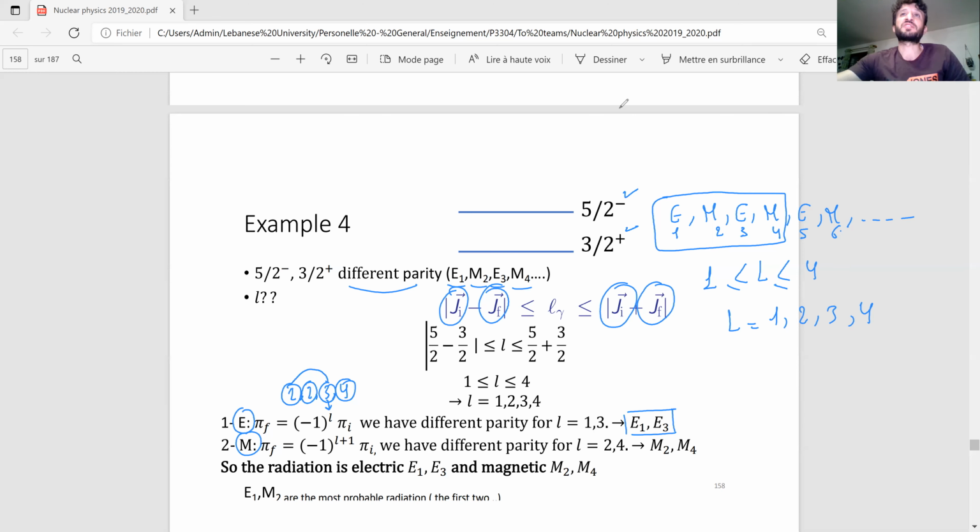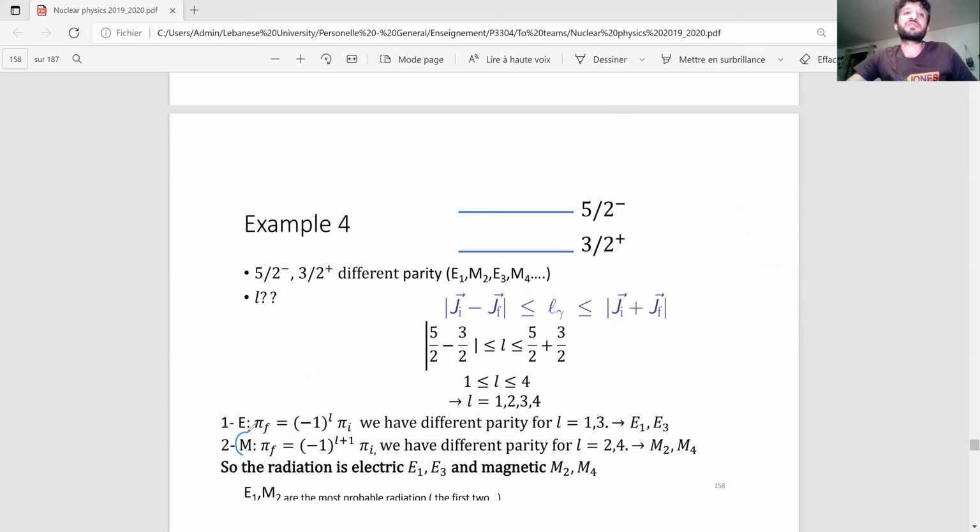But in the opposite case, the magnetic condition, we have L equals 1, 2, 3, 4. If I put L equals 1 and 3, we get pi final equals pi initial, so we cannot respect the condition. So we don't have M1 and M3, no transition.